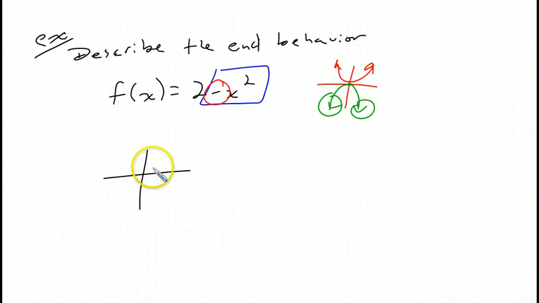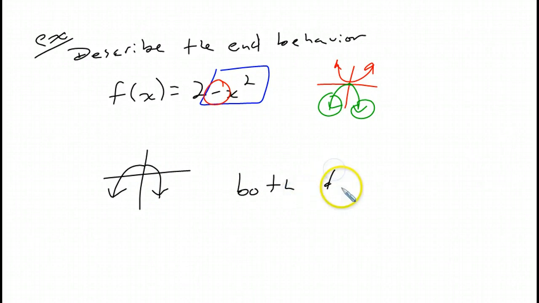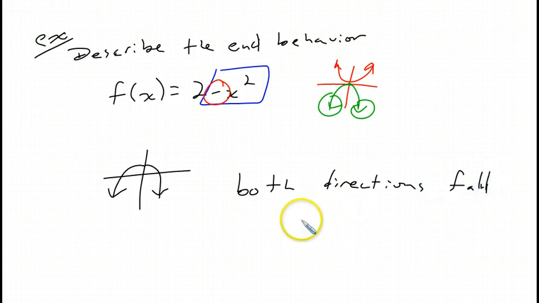You don't really have to graph this thing. It'll look something like that when you do graph it, but basically, both directions are going down, or they fall, whatever you want to say. Sometimes you may also see it as they go to negative infinity. They're both going down forever, so they're going to go to negative infinity.